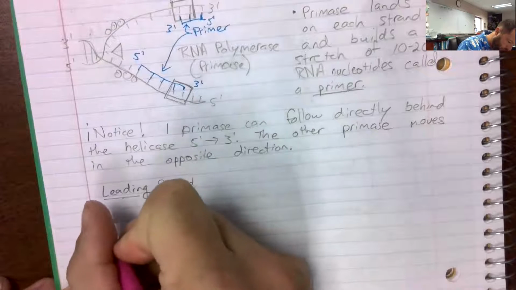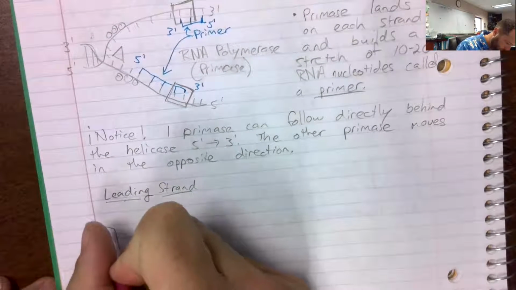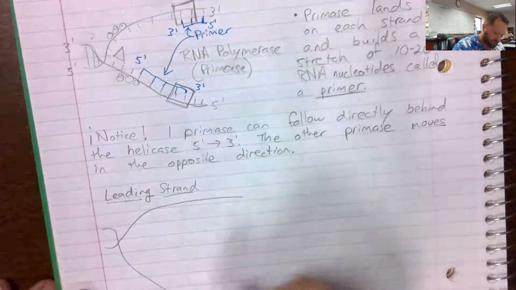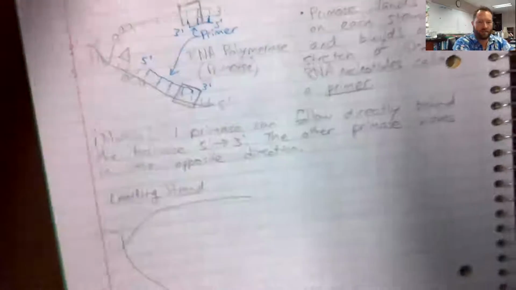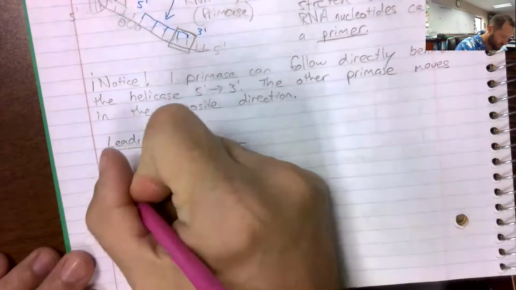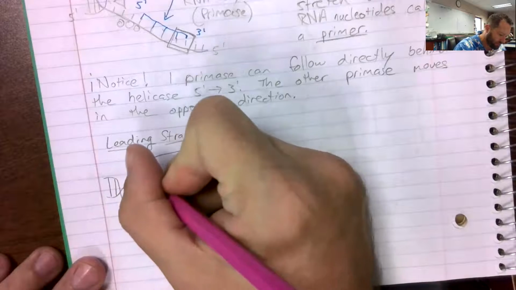Back to our drawing here. And honestly, we don't care too much about this one. Just kind of have a dot, dot, dot, because again, we just don't care about this bottom strand. That's going to be what we call the lagging strand. And we'll get back and take a look at him a little bit later.